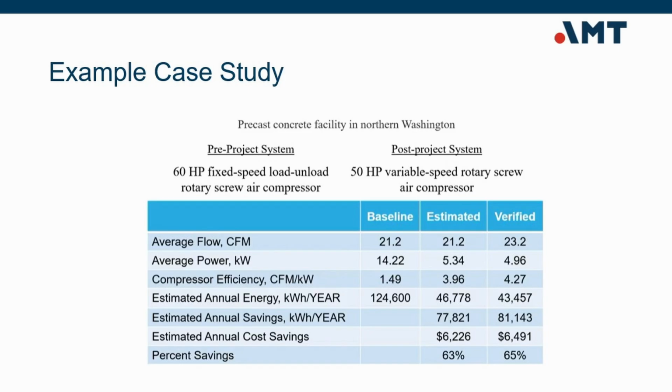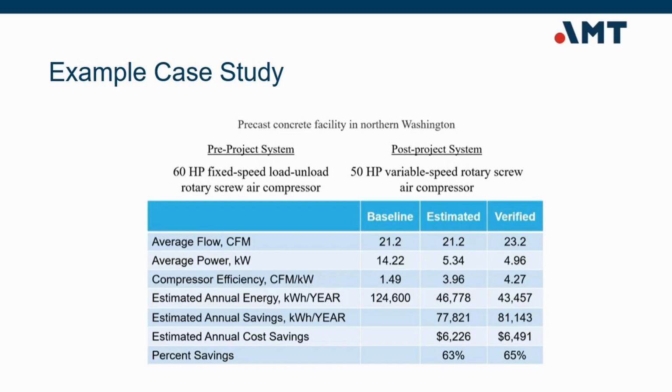When we translate that into annual energy use, baseline consumption was 124,600 kilowatt hours per year. Verified post-project consumption dropped to 43,457 kilowatt hours per year. That results in approximately 81,000 kilowatt hours per year in verified energy savings, or about a 65% reduction in energy use.